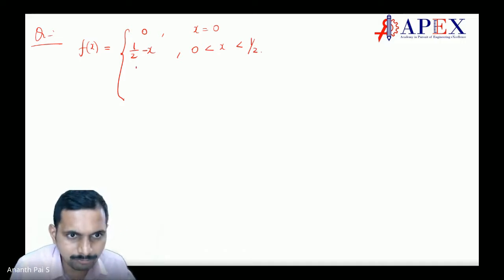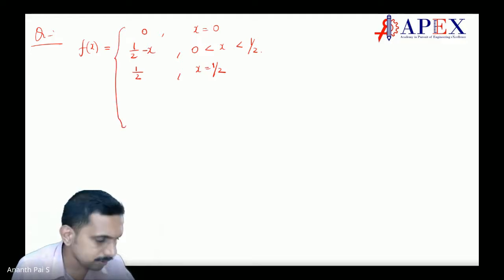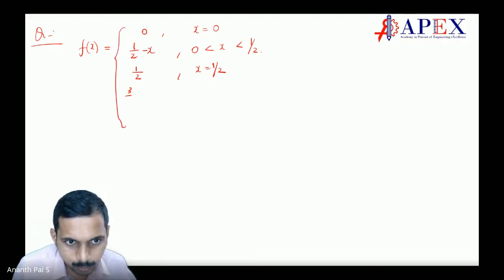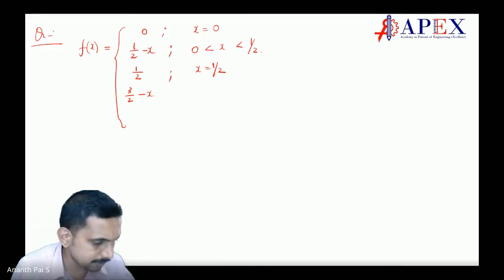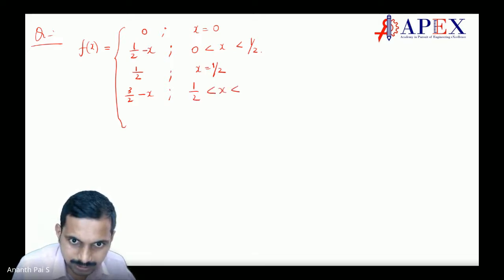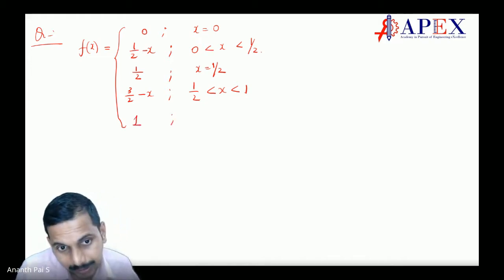Then half when x is equal to half. Then 3 by 2 minus x when half is less than x is less than 1, and 1 when x equals 1.